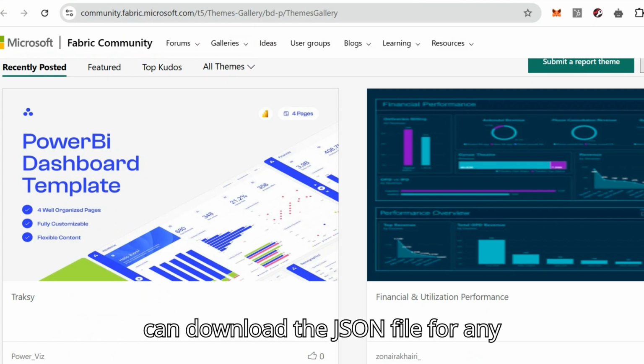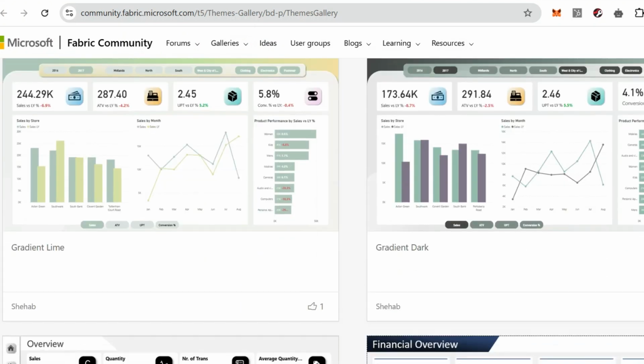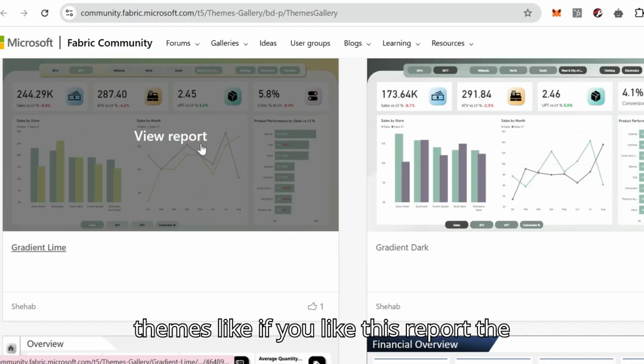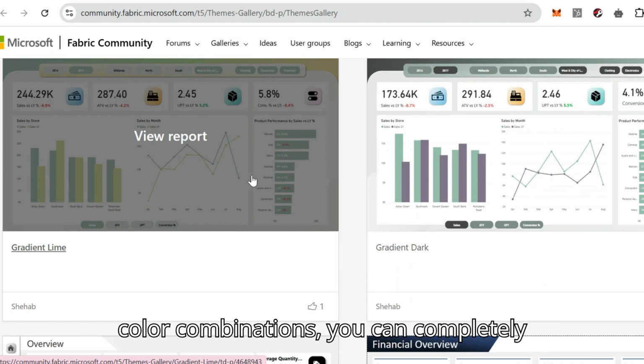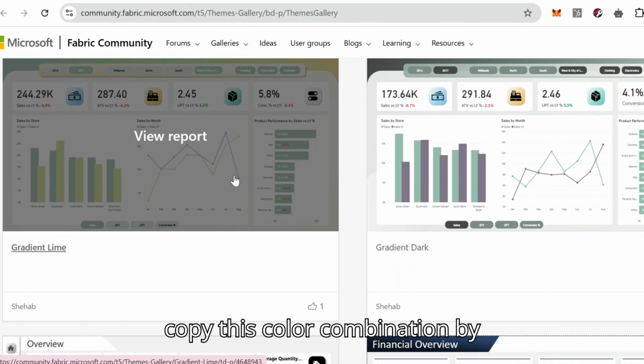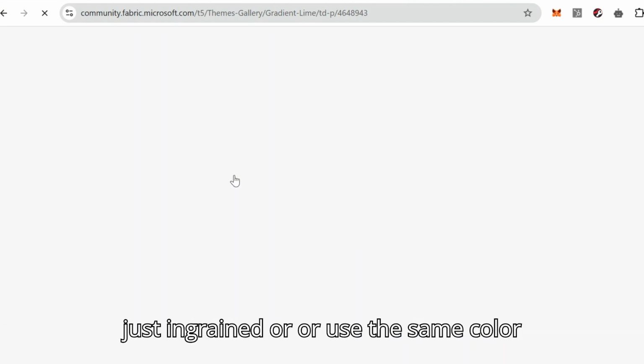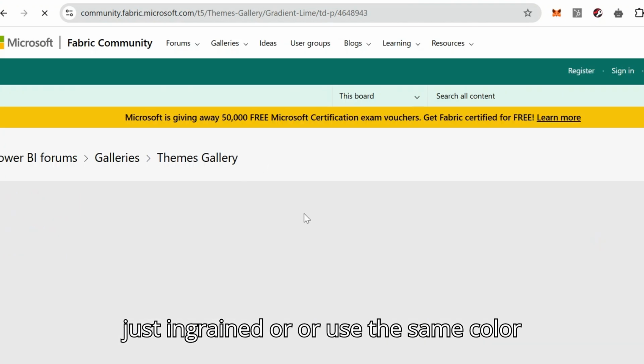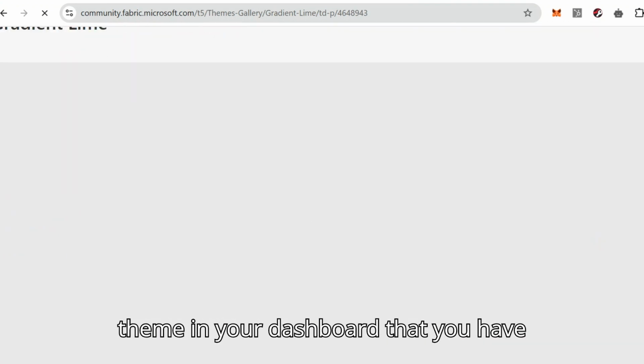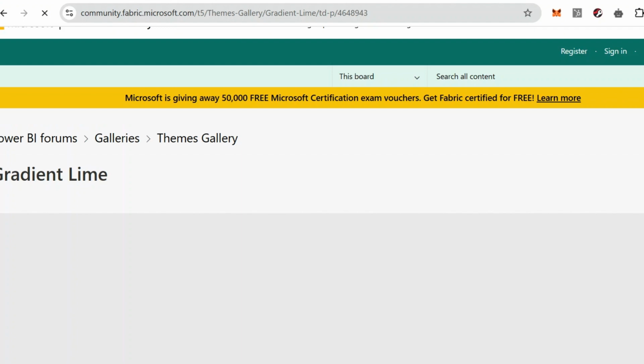You can download the JSON file for any theme. Like if you like this report's color combinations, you can completely copy this color combination by downloading their JSON file, and then use the same color theme in the dashboard that you have created already.